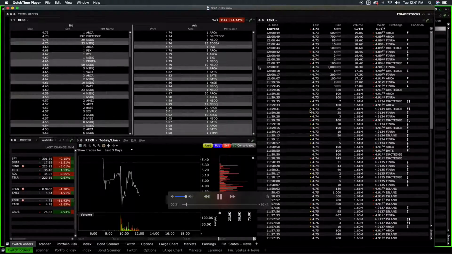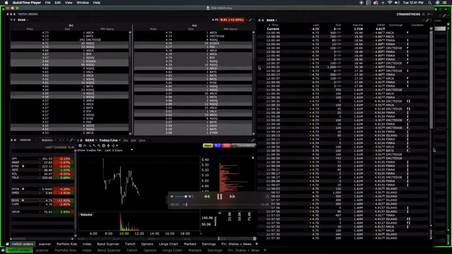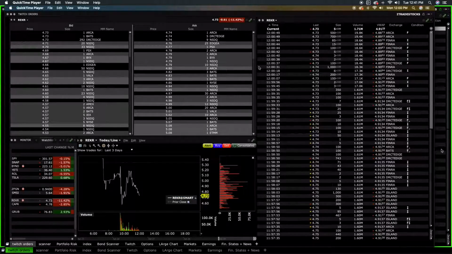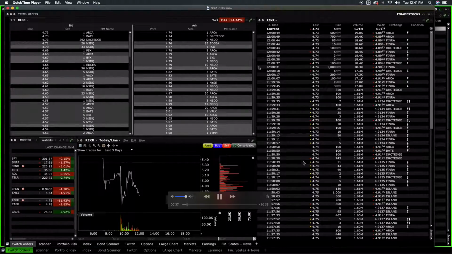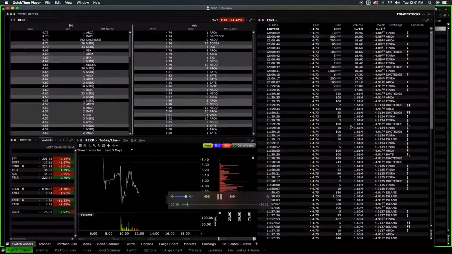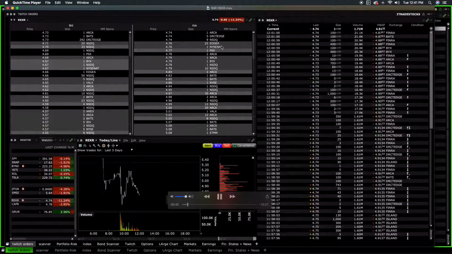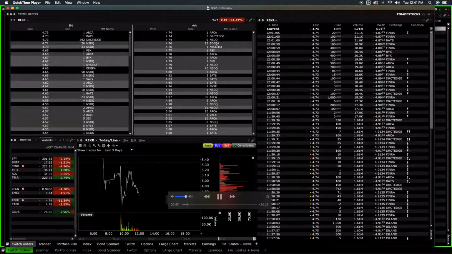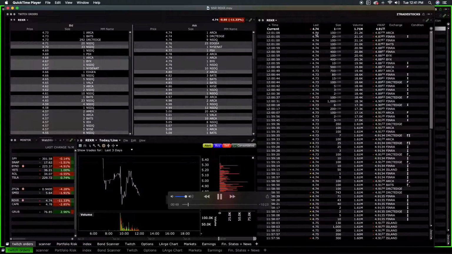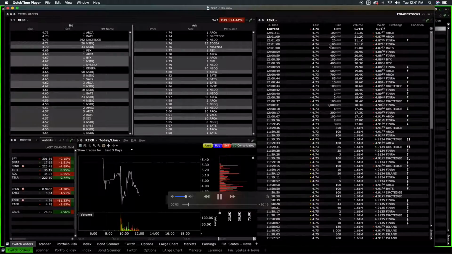And we know that here. The spread is tight, and there's some orders getting filled at $4.74, right? We can count them up if we wanted.